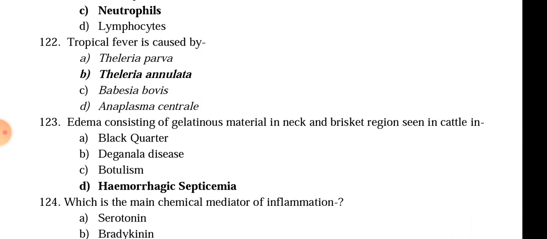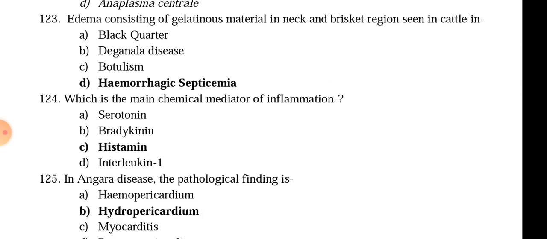Edema consisting of gelatinous material in the neck and brisket region in cattle is hemorrhagic septicemia, and bottle jaw edema in the neck and brisket region is in fascioliasis. Histamine is the main chemical mediator of inflammation, so an antihistamine, pheniramine maleate, is available as Avil.